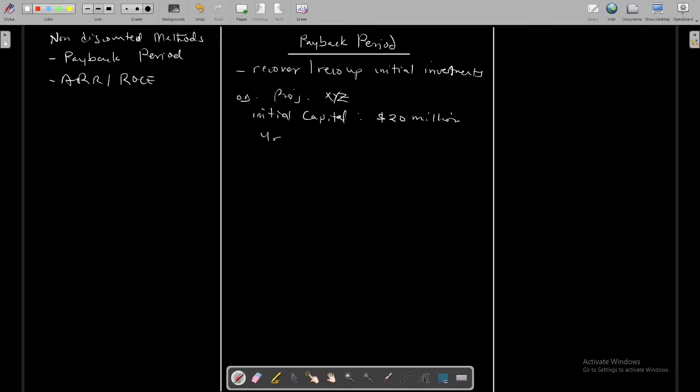So year 1, year 2, year 3, year 4, and year 5.